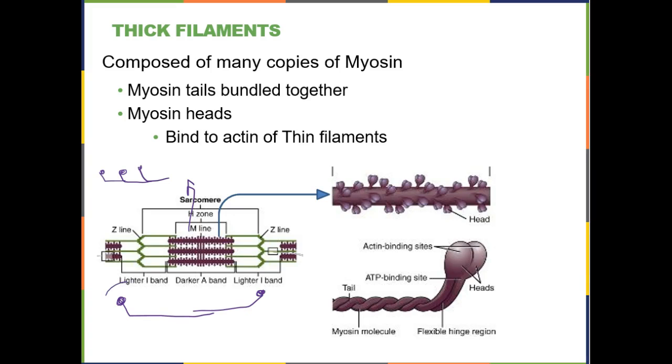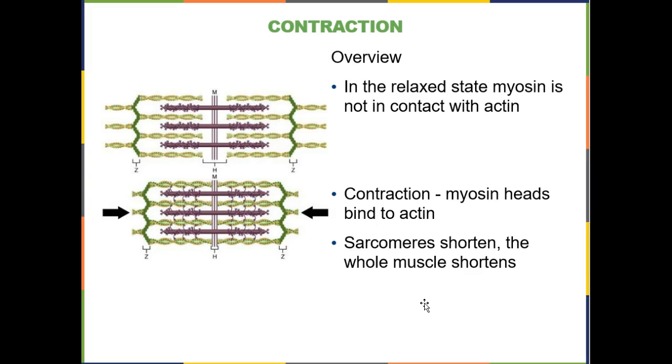And you're going to see when movement happens later, these myosin heads actually move each toward the middle. And myosin then is the motor protein that actually generates the shortening of all of your sarcomeres during a contraction. So that then brings us to a contraction.